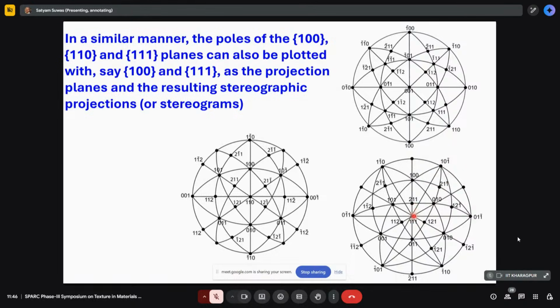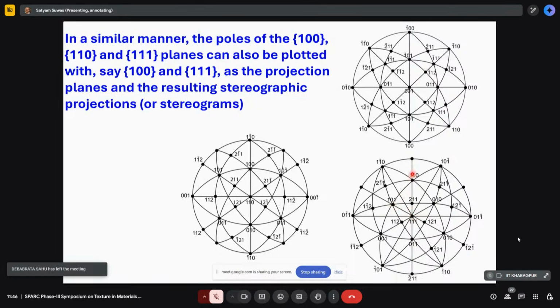And you can see, for example, this plane 111 and 0, 1 bar 1. So you will see that this whole distance is 90 degrees. So the angular relationship between this and this is 90 degrees. Similarly, this plane and this 1 0 bar 1, there will be some angle between them.